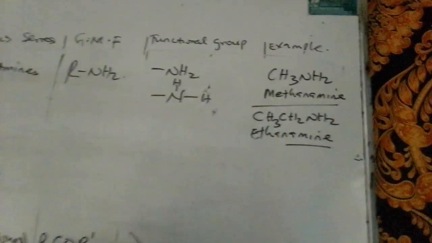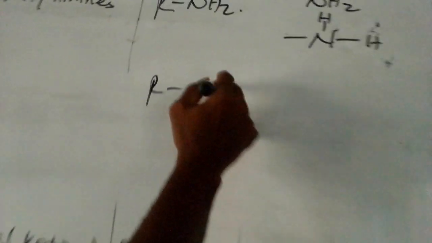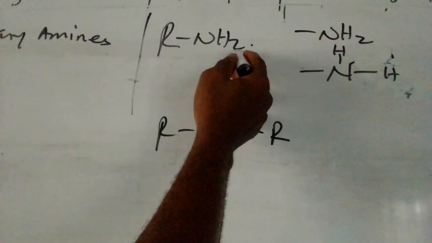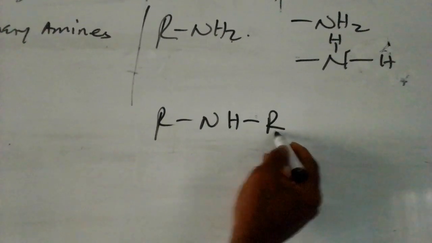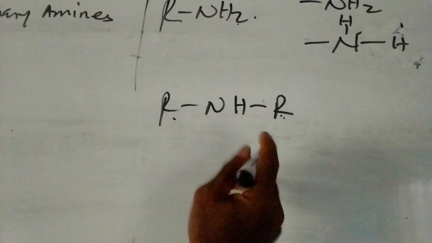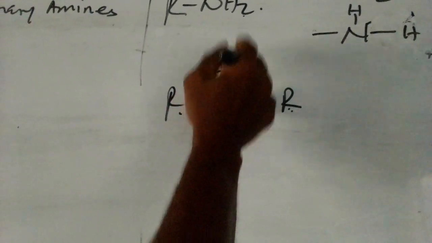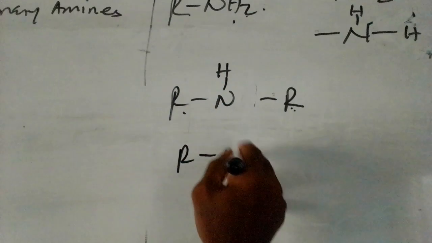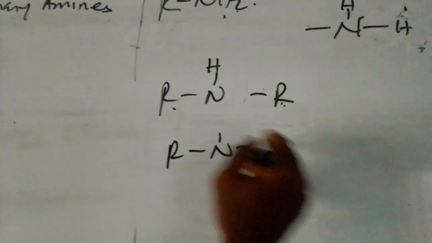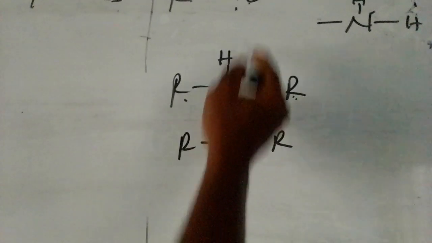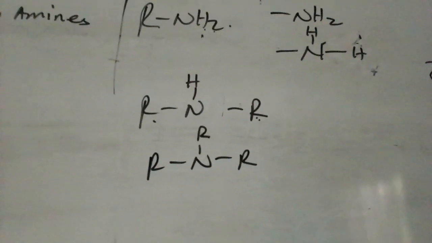Secondary amine is where you have this structure. We want hydrogen. I'm bringing another alkyl group. 2 alkyl groups. Then this is the secondary amine. Then you can still have tertiary amine, when you have 3 alkyl groups replacing the hydrogens. But we're going to look at that later on in a different video.